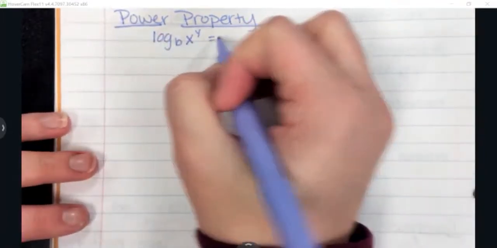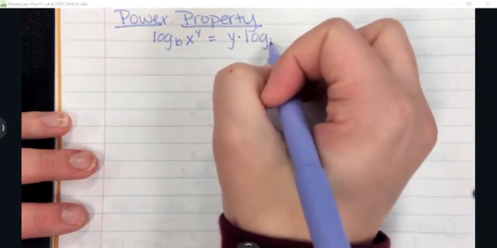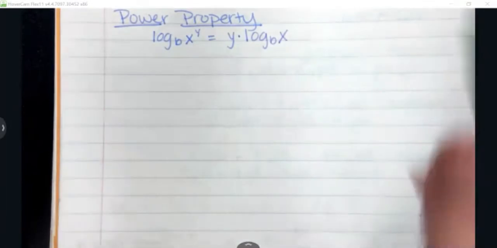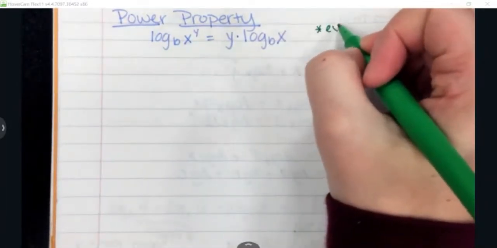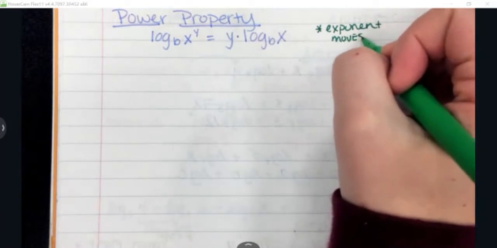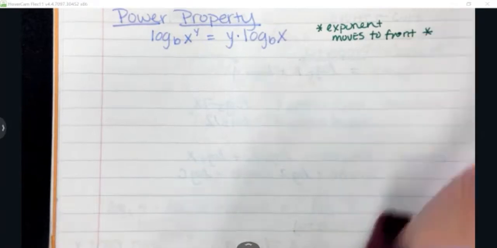So this is the same thing as saying y times the log base with x. All I did is my exponent moves to the front. Okay.